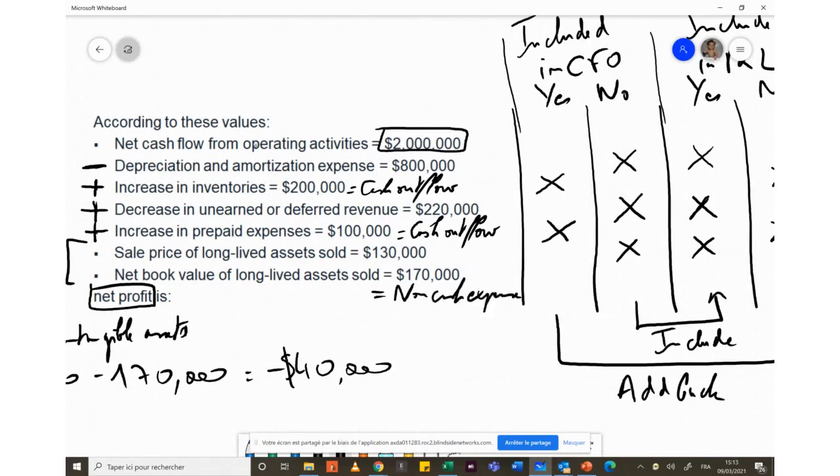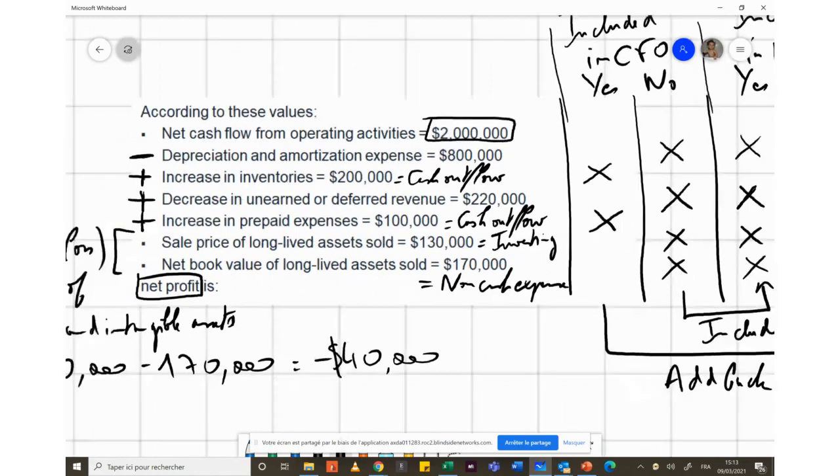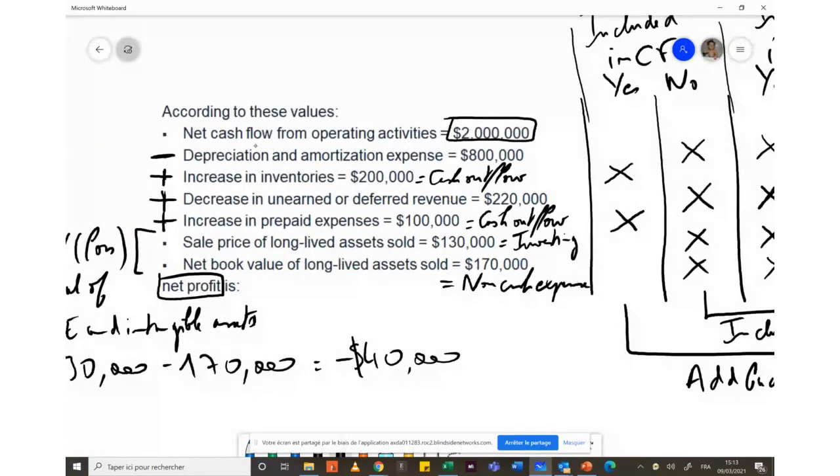So here it is an investing activity. Non-cash expense means not included in the operating cash flow, but included in the P&L. So now we need to put the sale price plus, minus the net book value. We want the calculation of the gain or the loss.